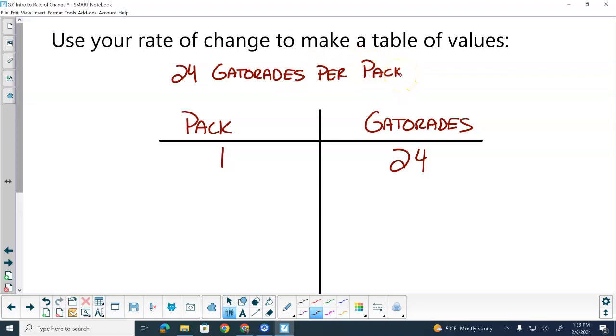Anybody know why it's called Gatorade? Anybody know the history behind it? It was developed by a trainer for the University of Florida's football team because they were cramping up in the Florida heat, and the University of Florida's nickname is the Gators.